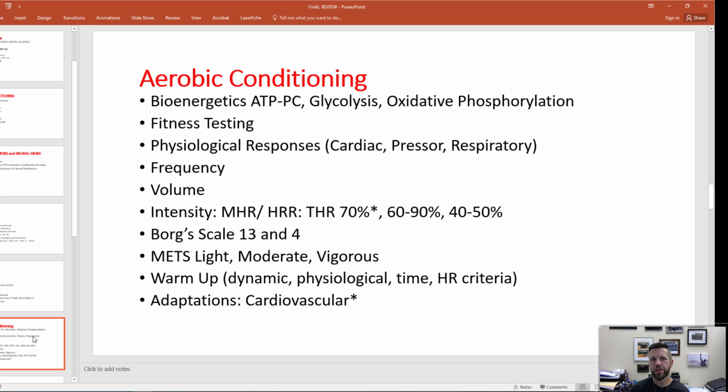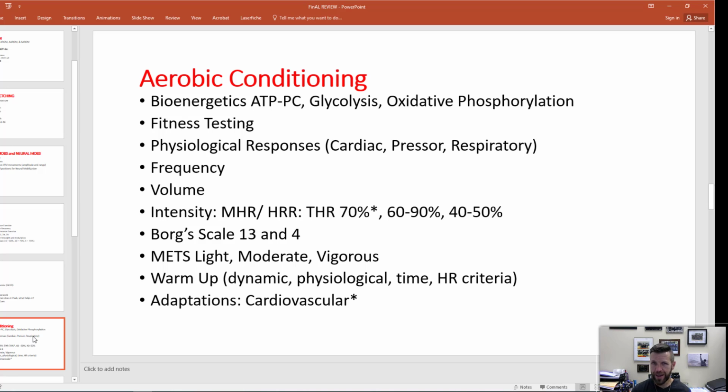So for instance, what we know is for the young healthy person to see a stimulus threshold be met, and that is the minimal stimulus threshold, what they have to do just to get a training response, they have to hit around 70% of their age-adjusted max heart rate. That's MHR, and that's 220 minus age, and it determines a number.